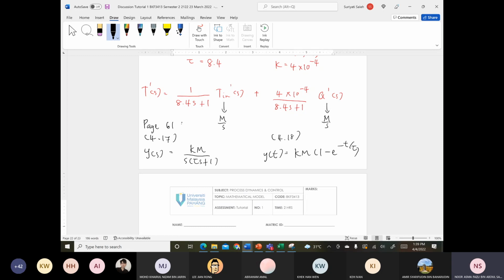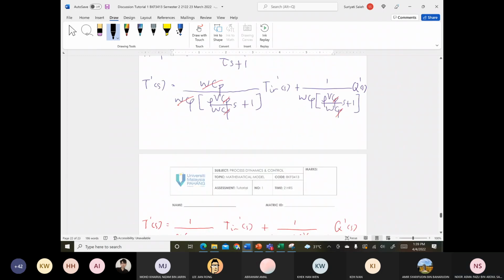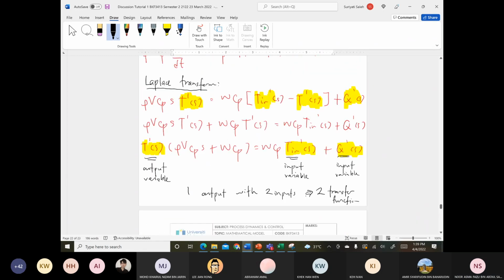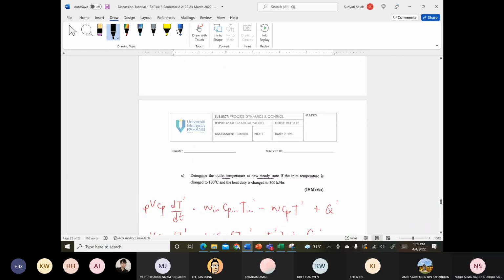So here the inlet temperature, based on the statement, is changed to 100.